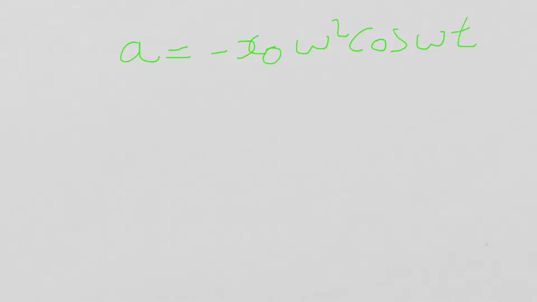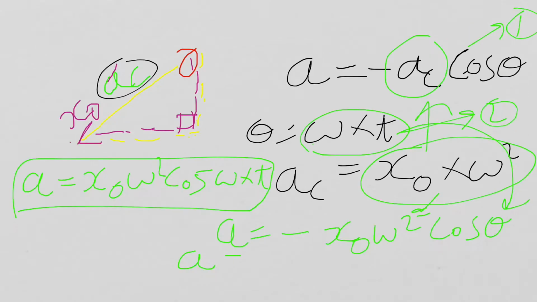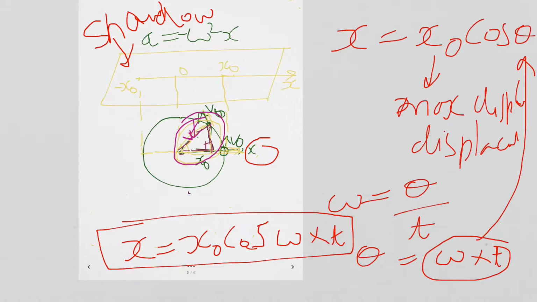But we know that x, displacement, we have derived in the previous equation, x0 cos omega t. I am talking about the first equation which we have derived. So we know x equals x0, maximum displacement, cos omega t.